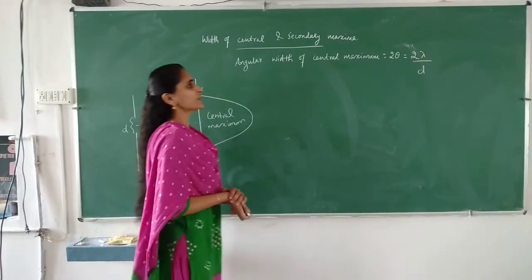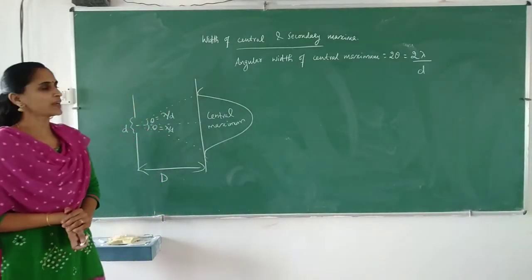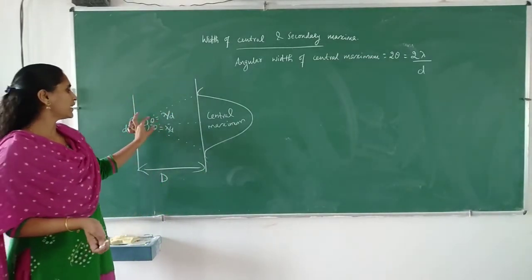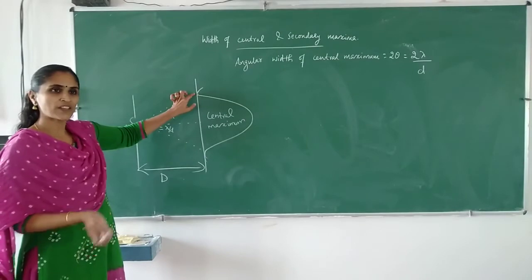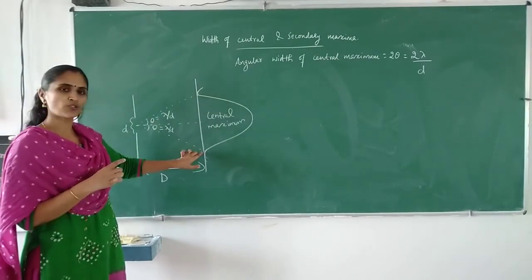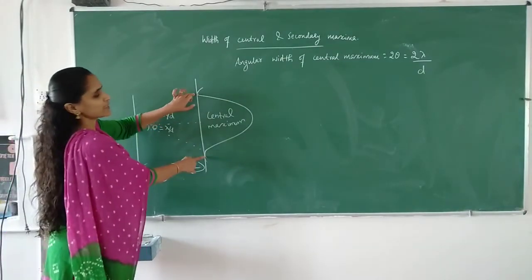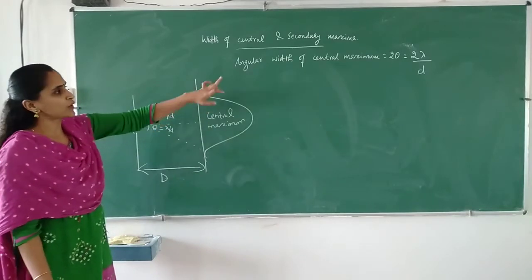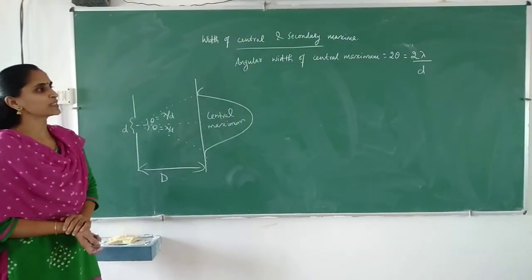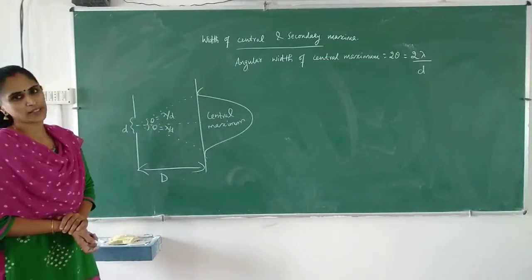The angular width of the central maximum is given by 2 lambda by d. Why? Because here the first minimum occurs and here also the first minimum. So up to that the central maximum will be there. So the angular width of the central maximum is equal to 2 lambda by d.